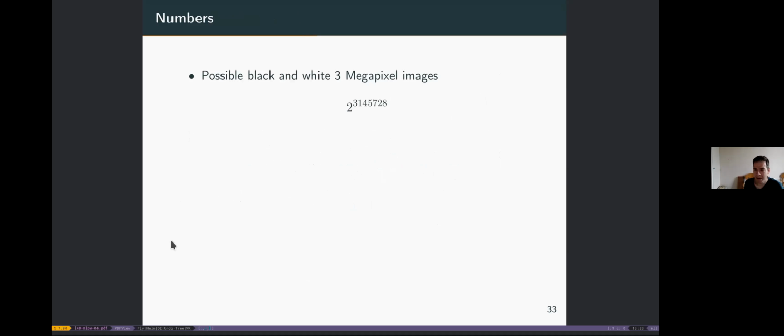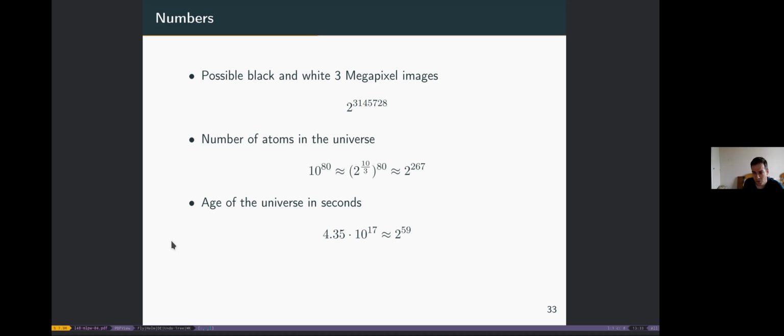So now, let's just take a 3 megapixel image. That's not a very large image today. That has this many elements in the for loop that the sum will have to go around. The number of atoms in the universe is apparently this number. I looked up online that the age of the universe in seconds is apparently this.